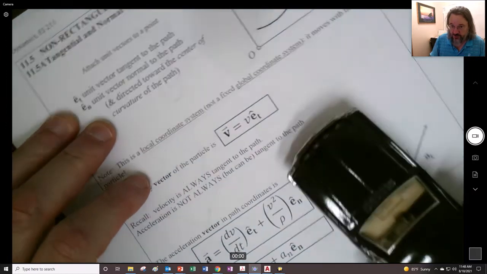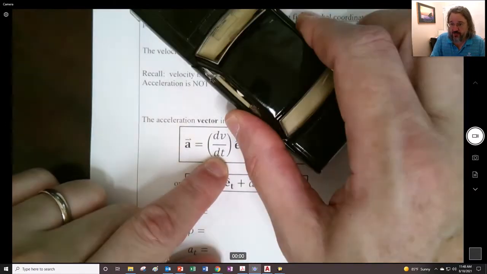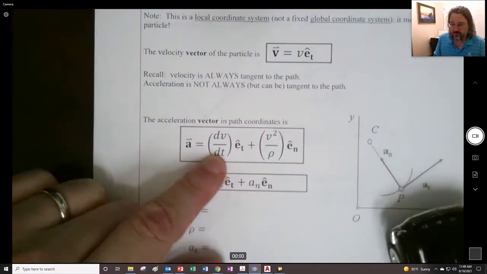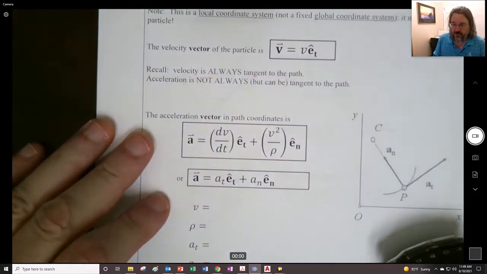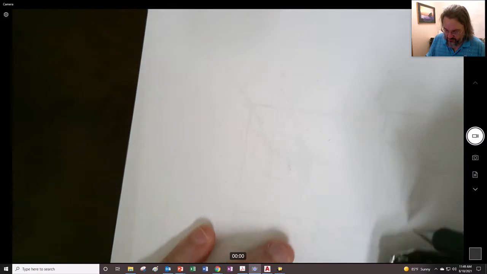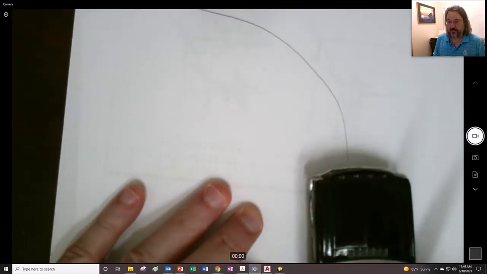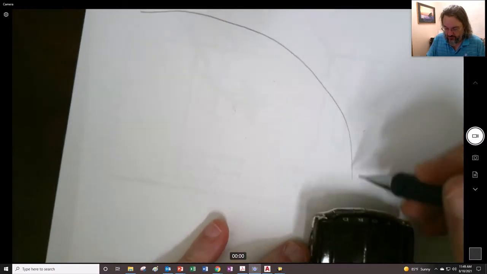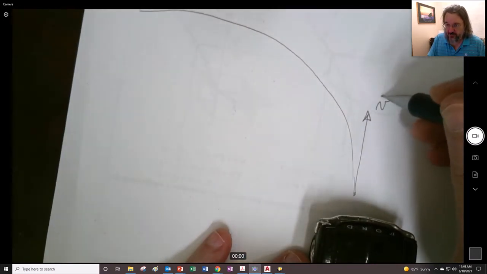So, in the tangential direction, that's just him going faster. But if he starts to go around a curve, right? So he's got a curve. Think about when he starts, right? So he's about to go around a curve. And he's starting before the curve starts, this is the velocity vector that he has.